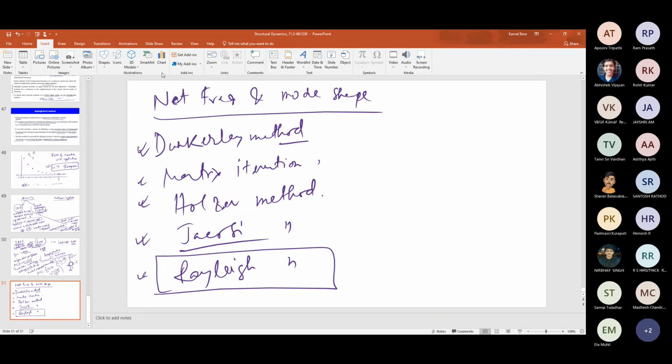Then we just recently discussed the continuous system, that is infinite degrees of freedom systems. Continuous systems are not only the beam; it can be axial vibration of a bar, torsional vibration of a shaft, transverse vibration of a string or cable, or the vibration of a plate also.